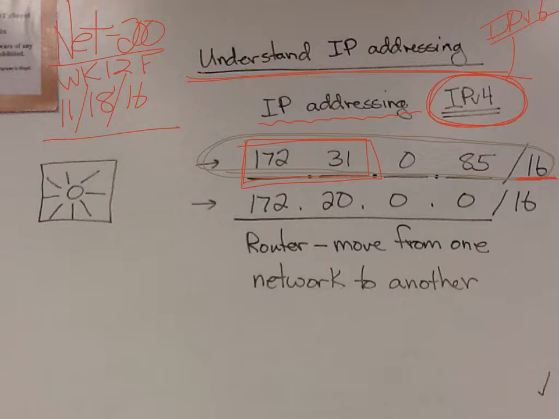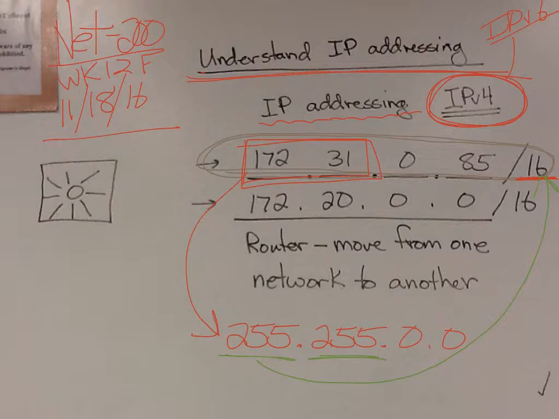Because of this /16. If we were to look at the mask on the computer, it'd be 255.255.0.0. 8 plus 8, add those together, that gives us our 16 prefix bits.